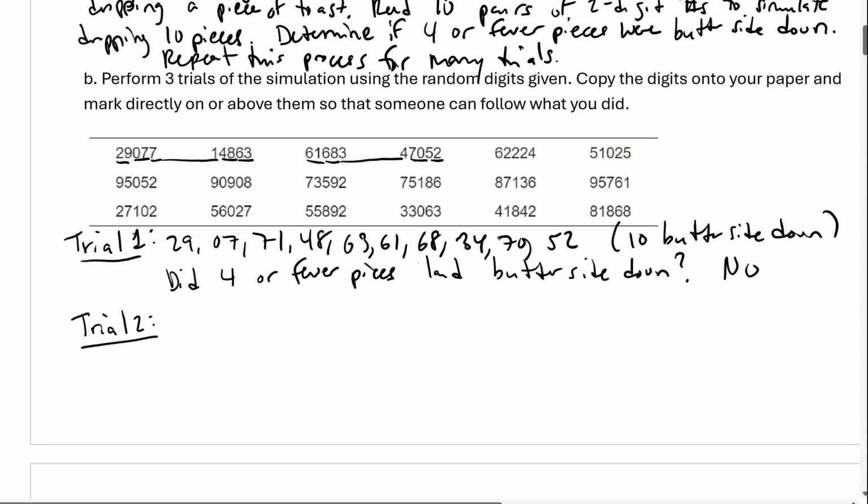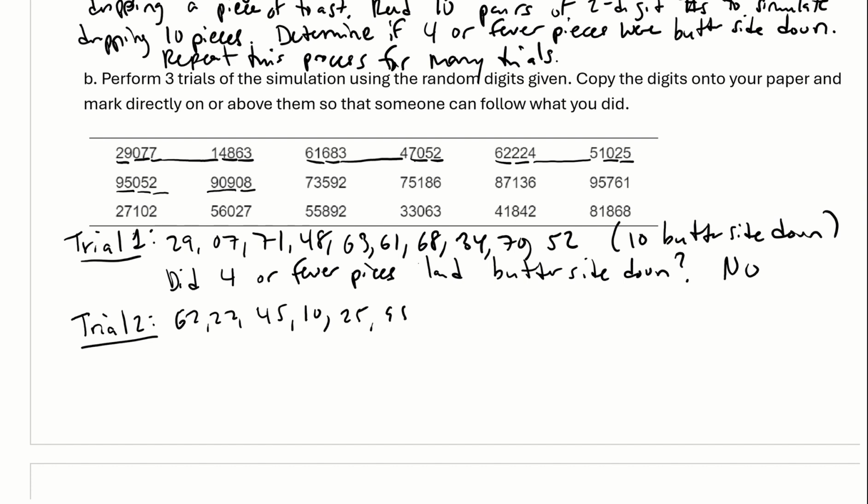All right, and the second trial, 1, 2, 3, 4, 5, 6, 7, 8, 9, 10. All right, so we got 62, 22, 45, 10, 25, 95, 05, 29, 09, 08.